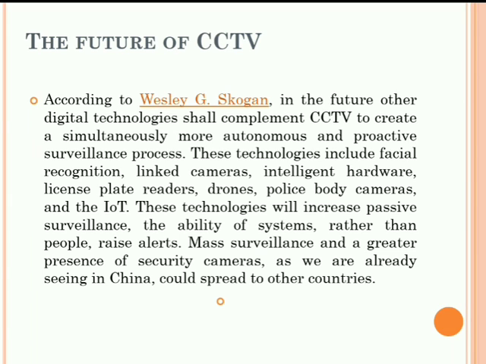These technologies will increase the passive surveillance ability of the system, rather than people raising alerts, mass surveillance, and greater presence of security cameras, as already seen in China, that could spread to other countries also. Now let us discuss how the monitoring of CCTV networks is done.